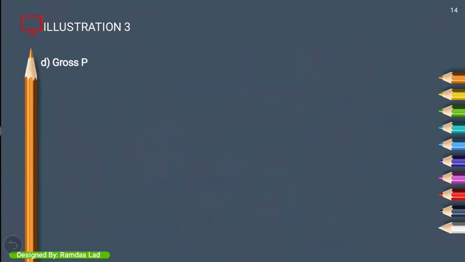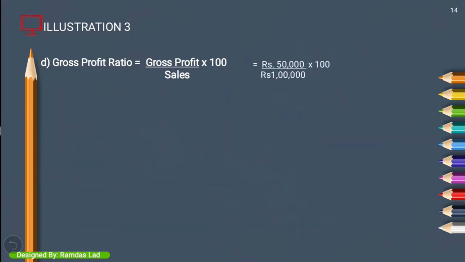Then the second type, revenue ratios. Here gross profit ratio. What is the formula? Gross profit divided by sales into 100. So this is the formula for GP ratio. Gross profit is 50,000 divided by sales rupees 1 lakh into 100, so it will be 50%.